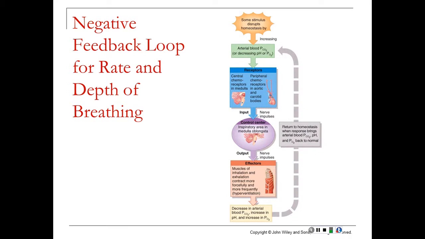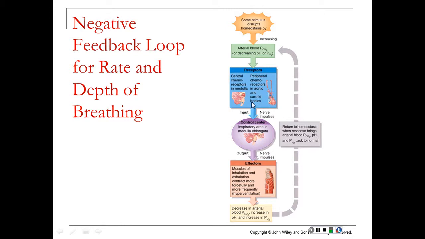Here you can see a nice little cartoon diagram. You have some type of stimulus disrupting homeostasis, arterial blood, partial pressure of carbon dioxide, or a decreasing pH, more acidic pH, or decreasing partial pressure of oxygen. Either way, it's going to activate our central chemoreceptors and our peripheral chemoreceptors in the aortic and carotid bodies.